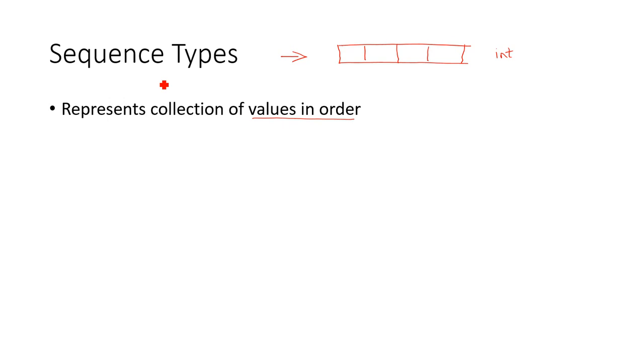The first sequence, which is basically an alias of an array and is also called the modern array in Python, is called a list. List is one of the very important sequences that we use.